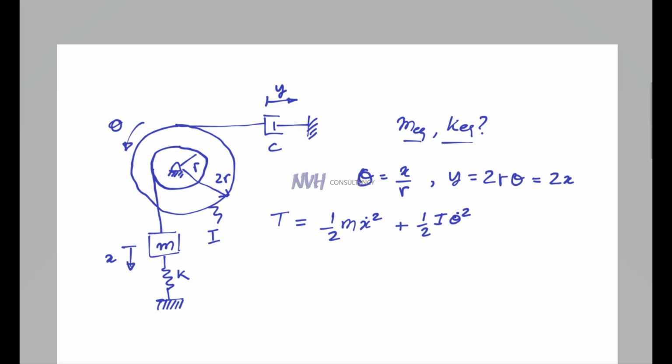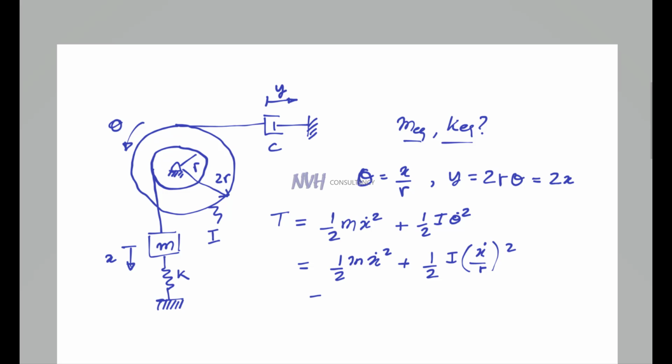So this equation will become half m x dot square plus half I times (x dot over r) whole square.